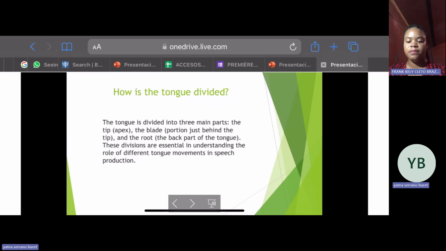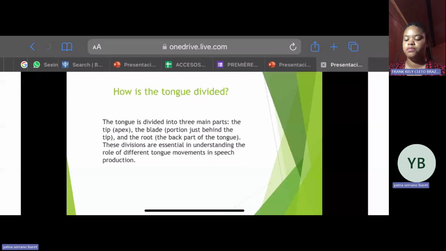The tongue is divided into three main parts: the tip or apex, the blade, the portion just behind the tip, and the root, the back part of the tongue. These divisions are essential in understanding the role of different tongue movements in speech production.